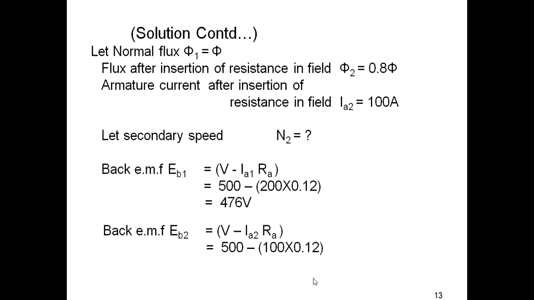Then 500 minus 100 into 0.12, we get EB2 as 488 volts.